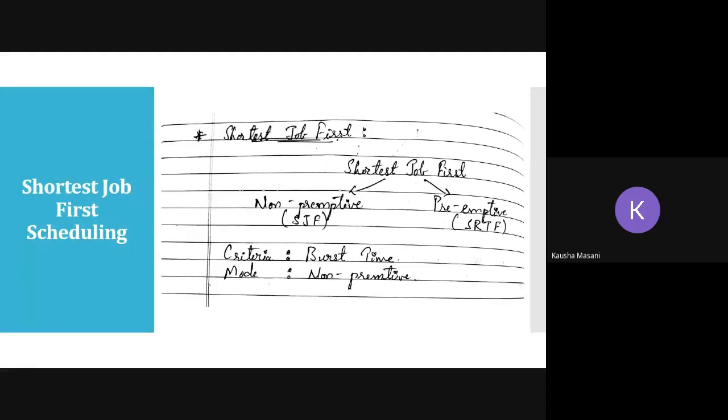Yes, exactly. The CPU cannot be taken away from the process. Correct. In a non-preemptive approach, it is a very rigid approach.